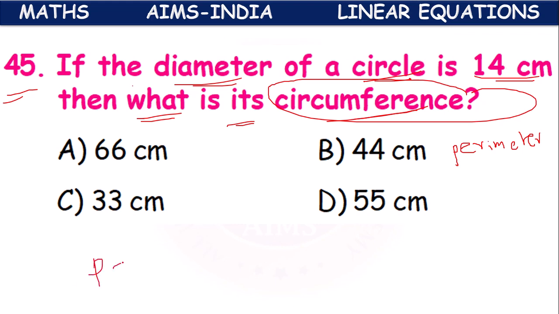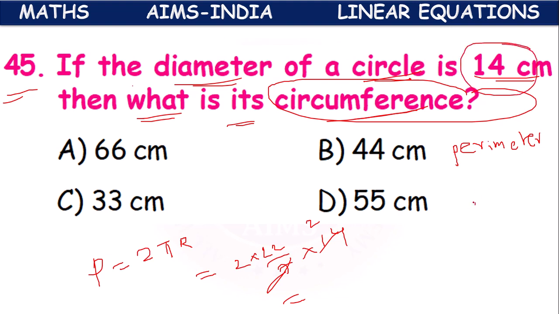The diameter they have given is 14 centimeter. The formula for perimeter is 2 pi r, in which pi stands for 22 by 7. Sorry, here the diameter d value they have given is 14 centimeter.